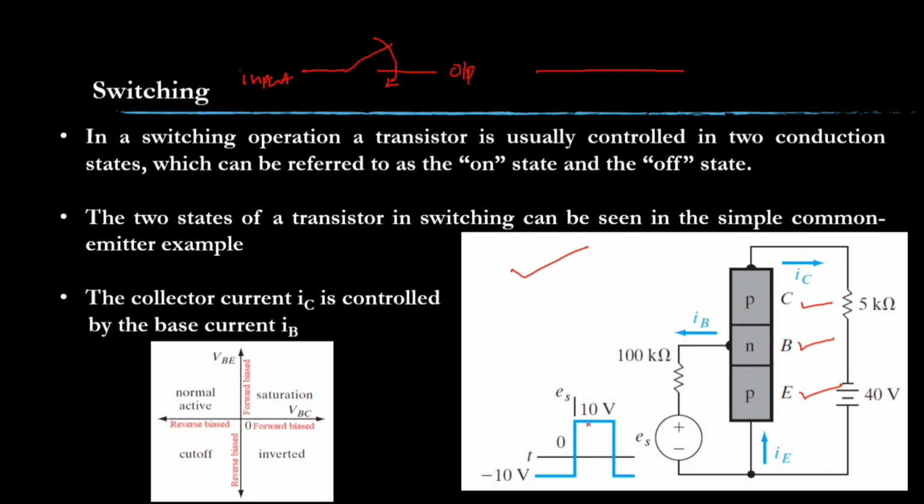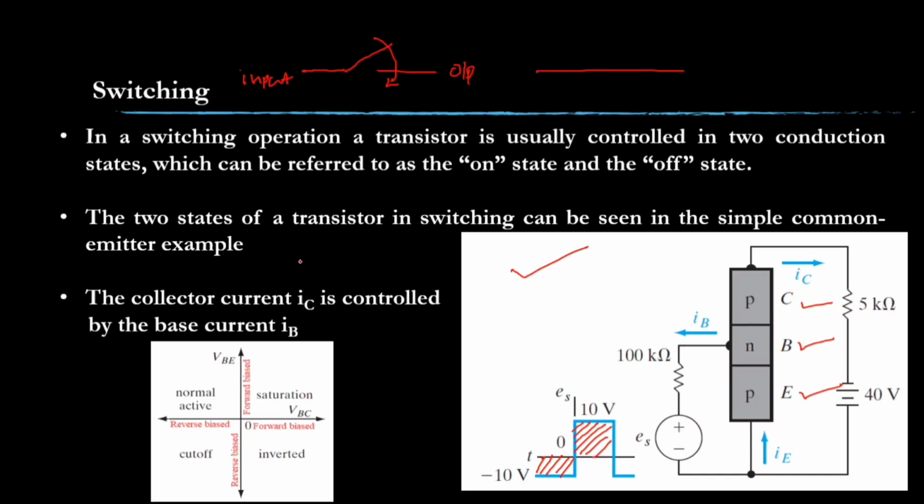So in this region, what will happen if I give a positive voltage to the base? Let's see what is the behavior of the PNP BJT, and if we give a negative pulse to the base, how does this BJT behave? This is what we are going to see here.